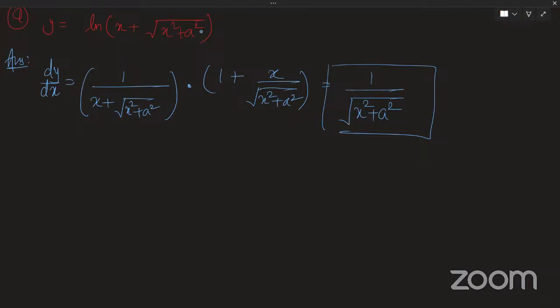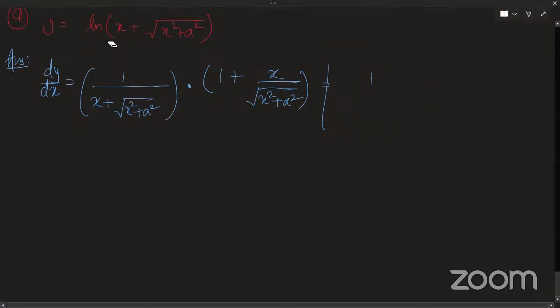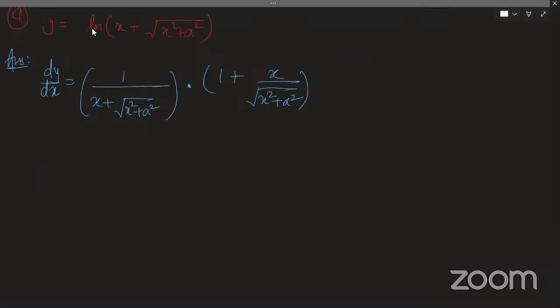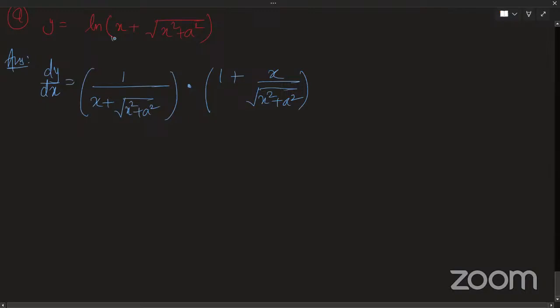Can you explain the second step again, sir? See, inside ln x, we had substituted this function, right? After I completed my ln part, I just required to differentiate this function.